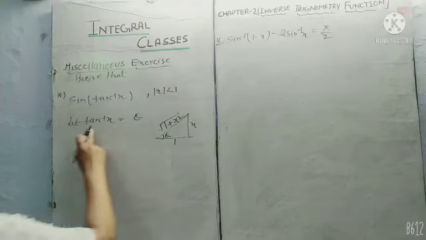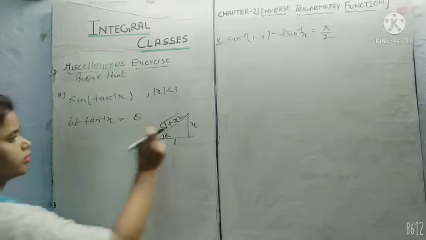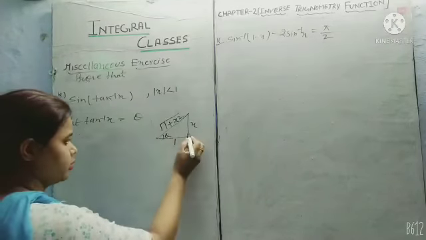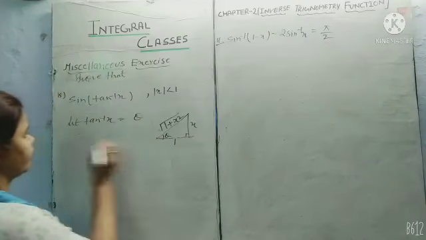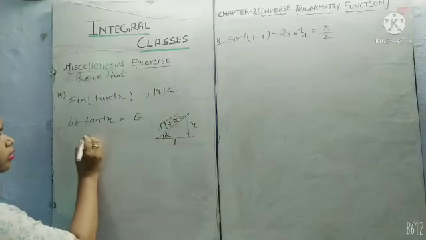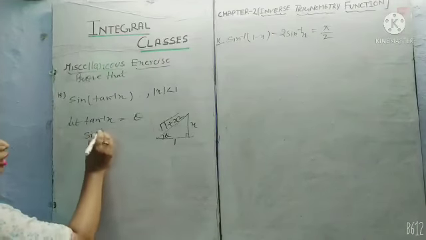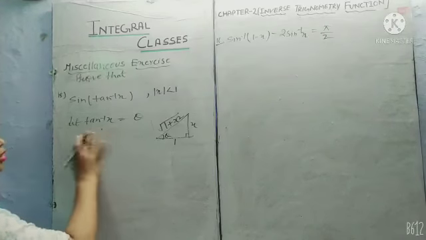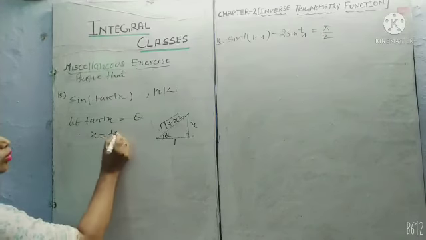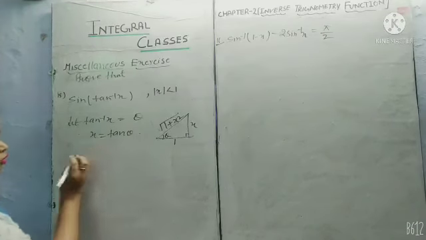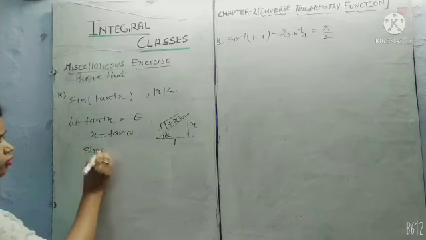Now we will let tan inverse x equal to theta. Then by the Pythagoras theorem we will find the value of sin inverse. It will become x equals tan theta. So now we will find sin theta equal to what?